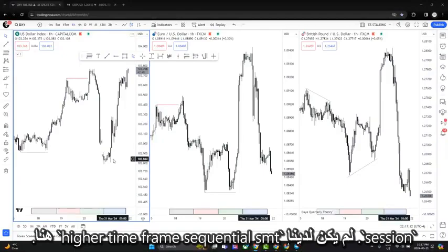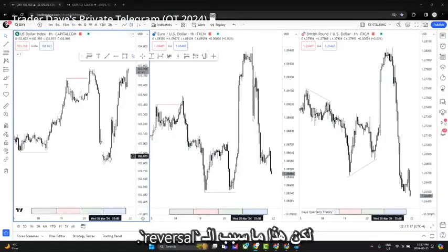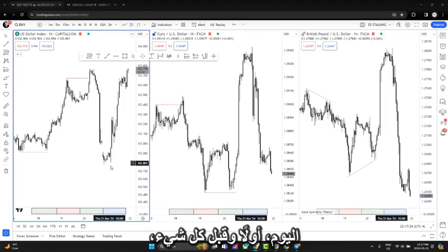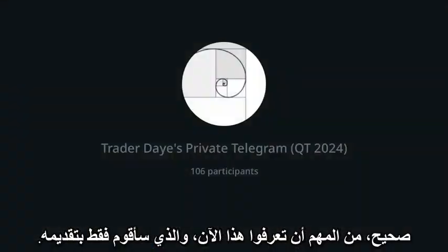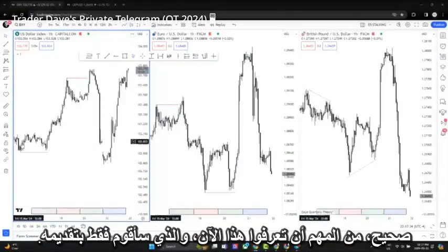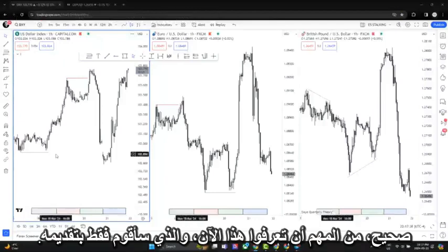We had no higher time frame sequential SMT here, but this is what caused the reversal. And why did that happen? That's what we're going to be talking about today. First of all, it is important for you to know this right now, which I will just be introducing.